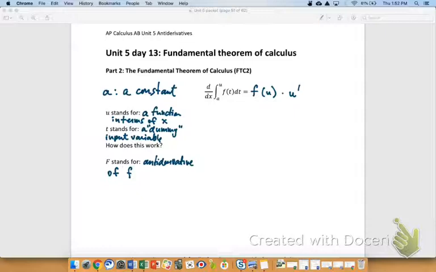So here's what I'm going to do. I'm going to start off with d dx, the antiderivative from a to u of f of t dt, and I'm going to take this step by step. So let's see how much you guys remember from yesterday with FTC1, because we're going to use that here to help us. If I'm doing a definite integral, like you see in there, what's my very first step?